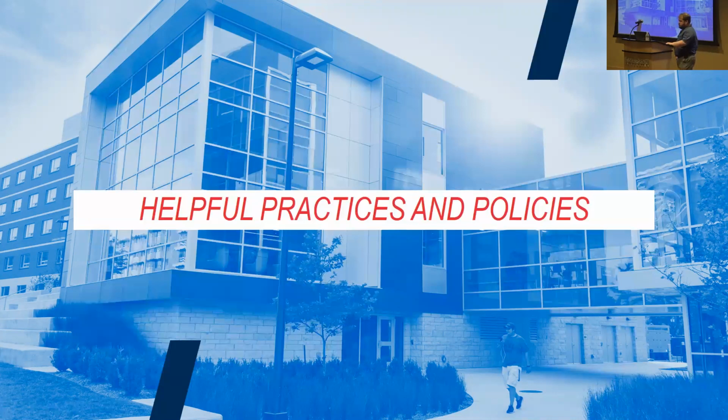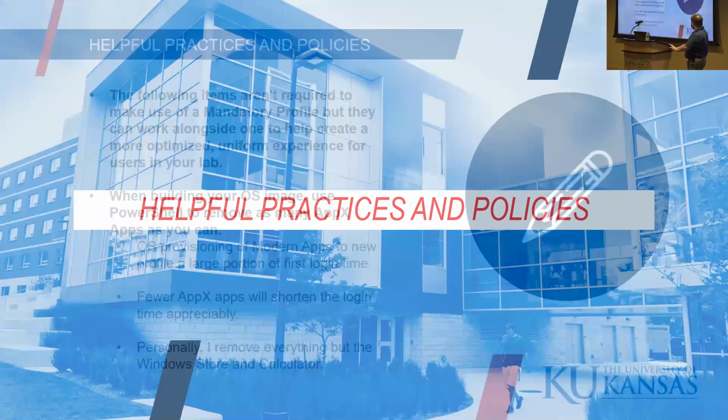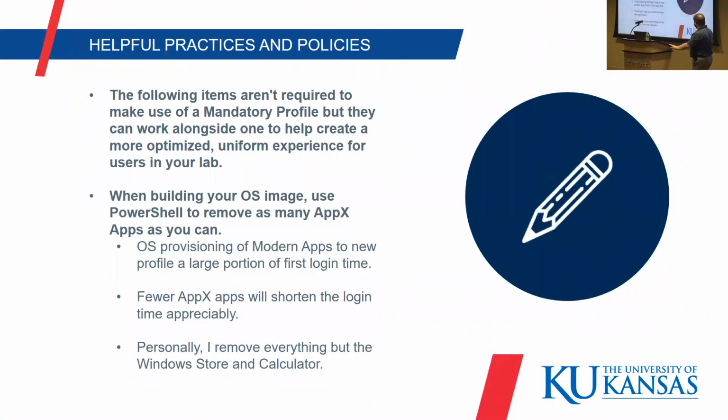And then I'd like to finish up with some more helpful practices and group policies to use alongside the mandatory profiles to make for a smoother experience. These aren't required, but they will make things a little bit faster, a little bit easier for you as the person administrating the lab. So when you're building your OS image, you should use PowerShell to remove as many of the extraneous AppX provision packages as you can.